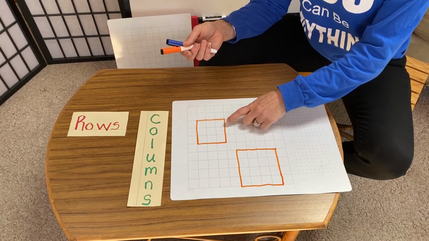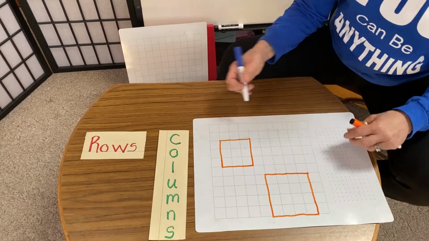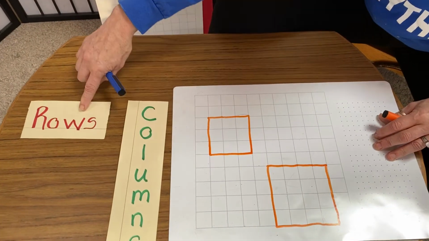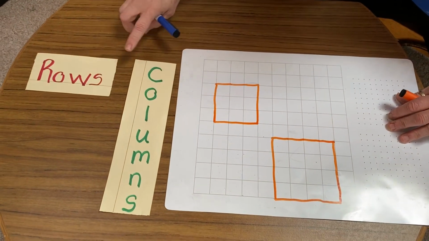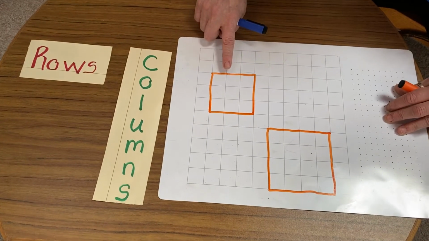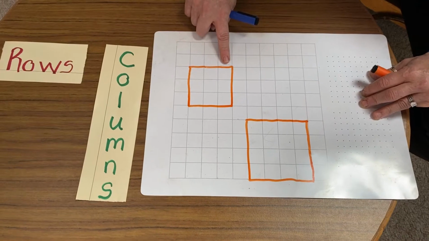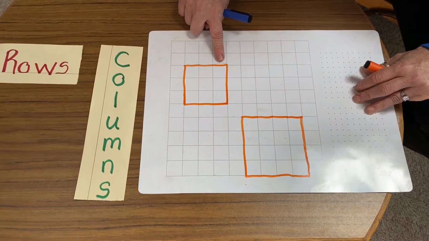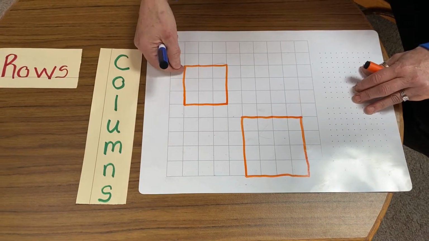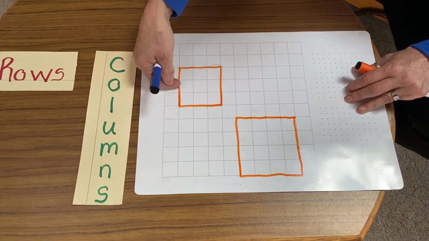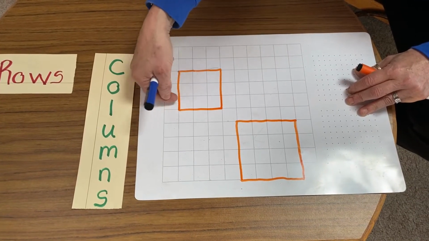So if I'm looking at this shape right here, I can see that it has 1, 2, 3 rows. And let's count the columns. 1, 2, 3 columns. So I could write an addition for these, couldn't I? I could have 3 plus 3 plus 3, right?